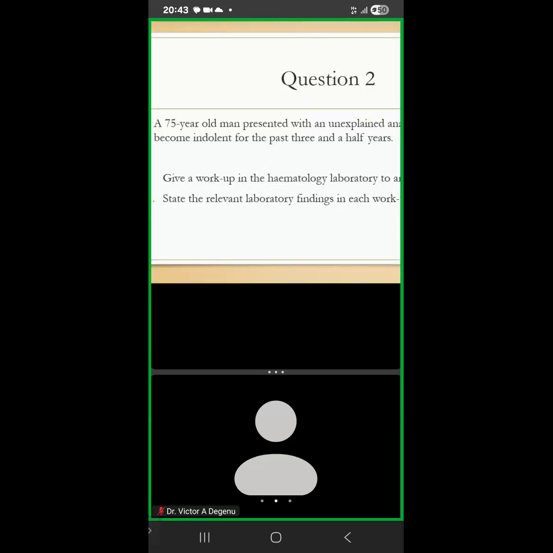It means you probably think it is this anemia. You are giving, say, iron supplementation, not working. B12, folate, nothing is working. Everything you are doing to improve the anemia is not working. It means it has become indolent.